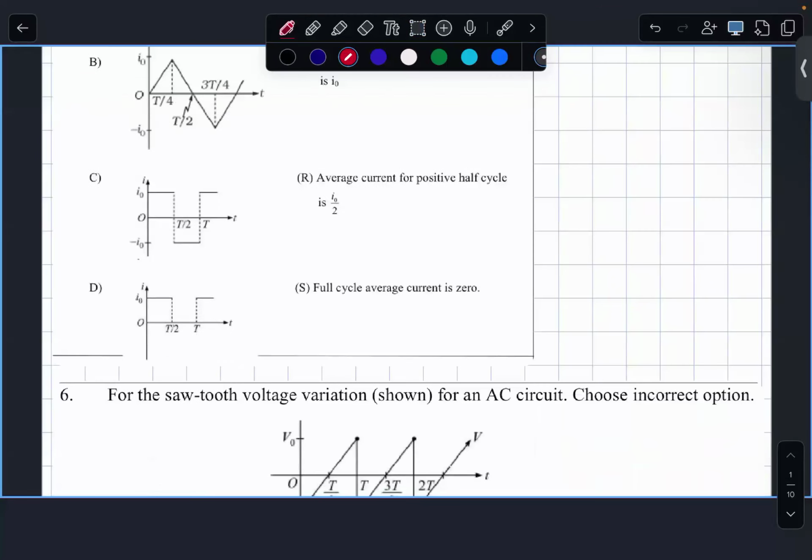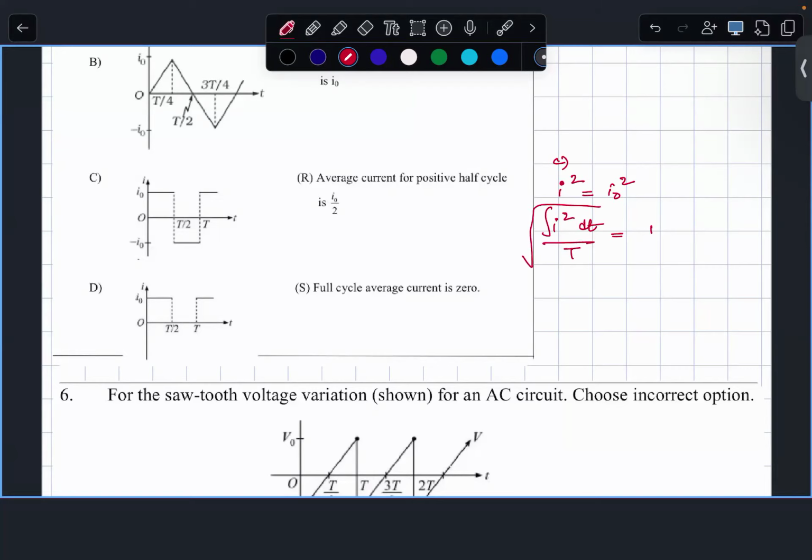One more important point: C is an easy part. Actually, RMS is nothing but I naught only for this. Why? Because for one cycle, in case of C, the current squared is simply I naught square only. Whether it is negative or positive makes no difference under the square. Therefore, I square dt by T under root is I RMS square.